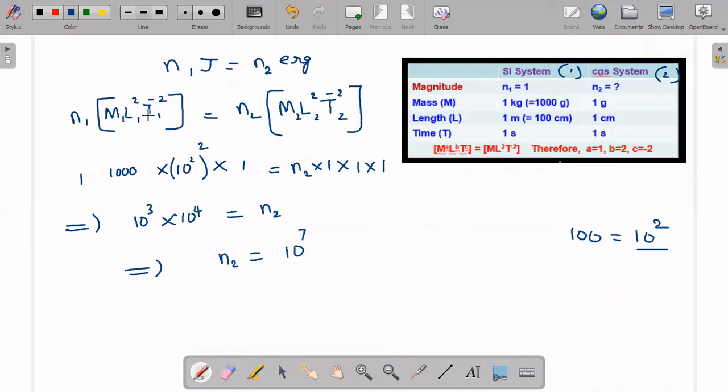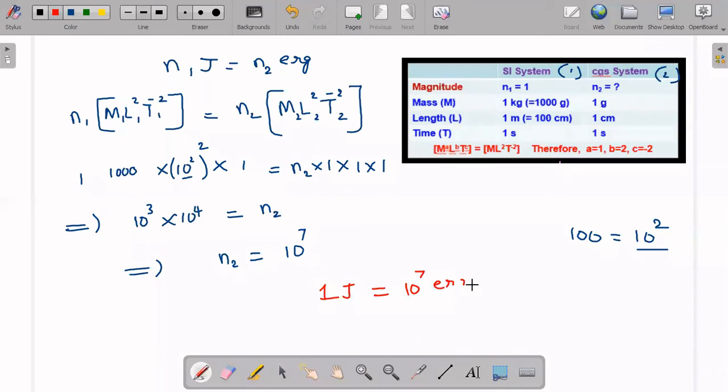The 10 square has come here, and L1 square is there. L1 value is 100, 10 square is nothing but 100. For this, that square I have written here. Right? So what we got, N2 is equal to 10 to the power of 7. Now if we substitute in this equation, with N1 equal to 1, so 1 joule is equal to 10 to the power of 7 erg.